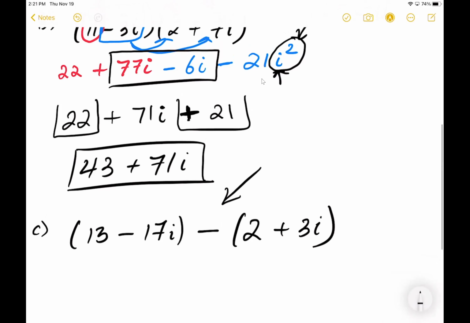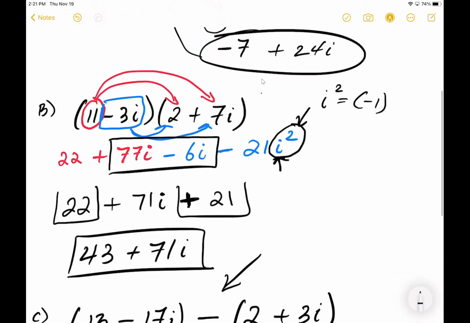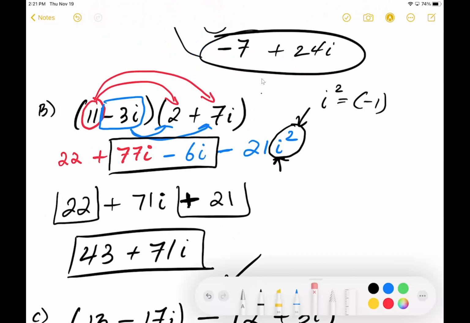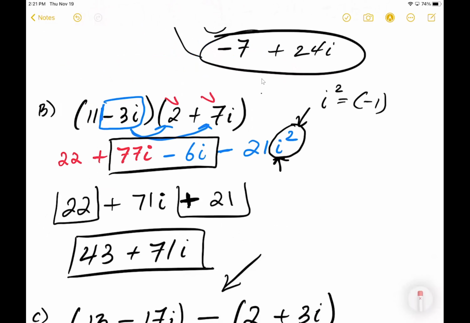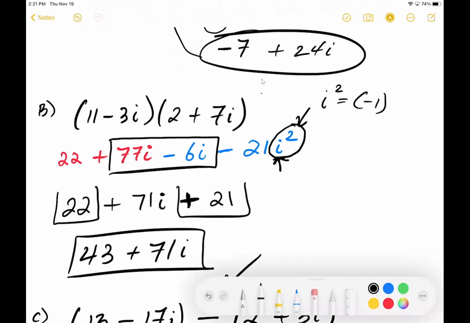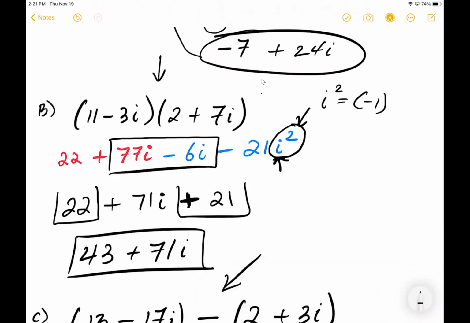Hopefully you guys see that up here, if I erase all this color-coded mess that I created, we don't have any operation in between the two parentheses. And if we don't have any operation between the two parentheses, it is just assumed to be a multiplication.